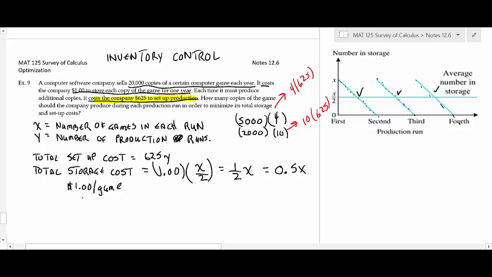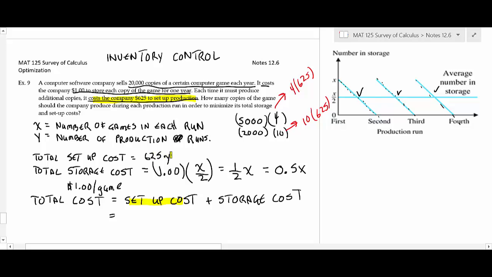Then what we're going to do is put together a total cost, and this is the total cost that we're going to work with the calculus on. We have 2 costs: the setup cost and the storage cost. We've already got those 2 things.